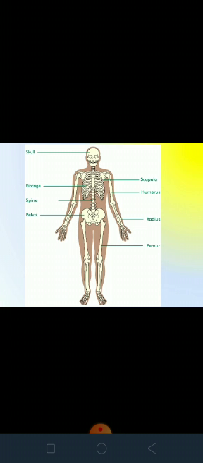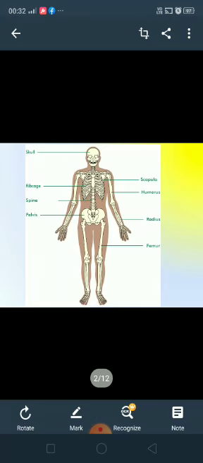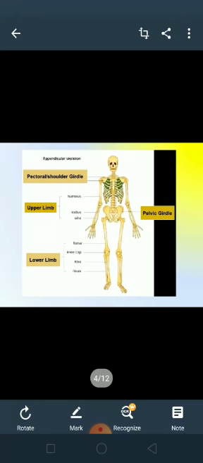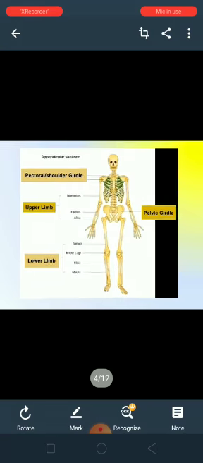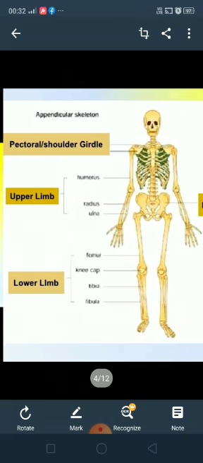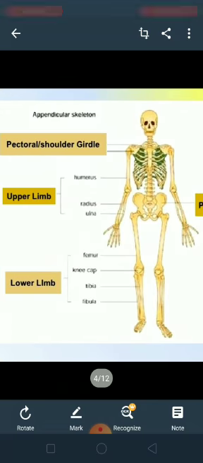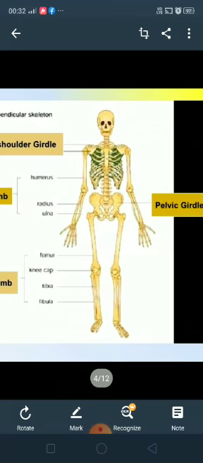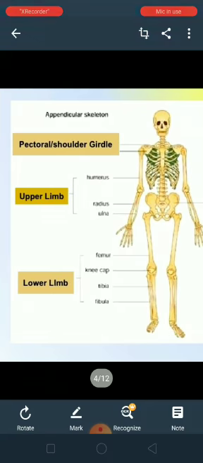Today we are going to discuss the bones which are shown towards the right hand side. In this picture you can see the pectoral girdle or shoulder girdle, and on this side you can see the pelvic girdle. Upper limb and lower limbs.